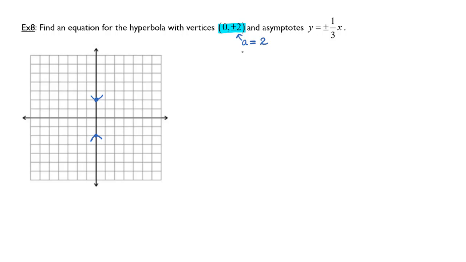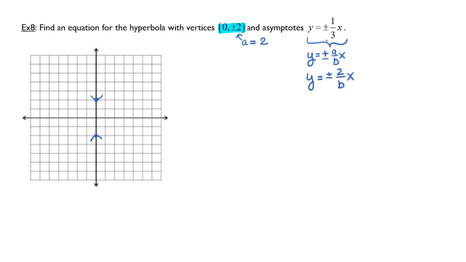This also gives me information about how to write the equation of the hyperbola and also what's going on with this asymptote set. Since I know that a equals 2 and my generic equation for asymptotes where the hyperbolas are opening upwards and downwards is plus or minus a over b times x, that tells me that y equals plus or minus 2 over b times x.